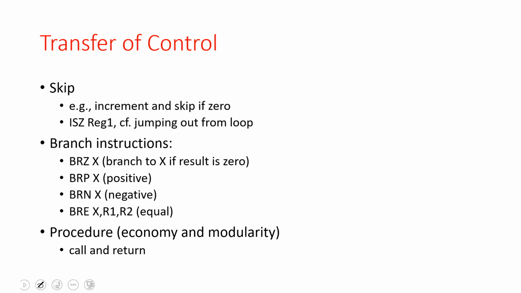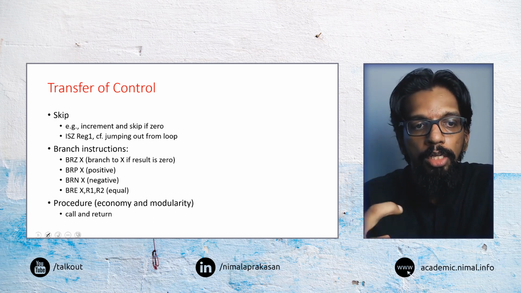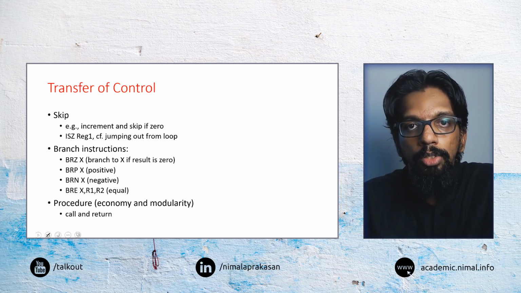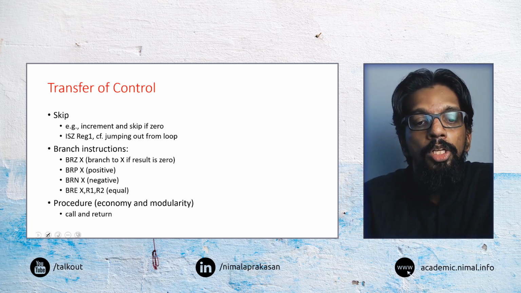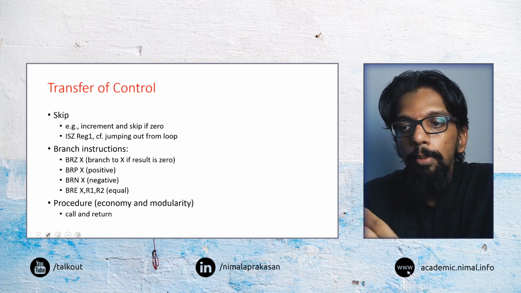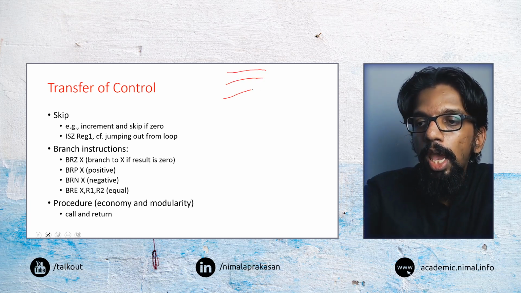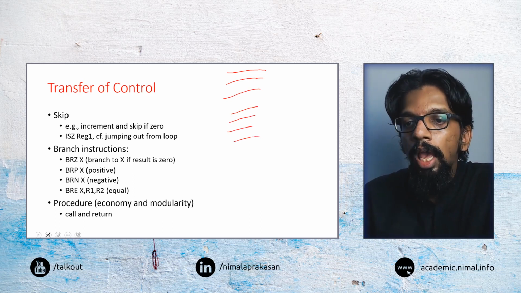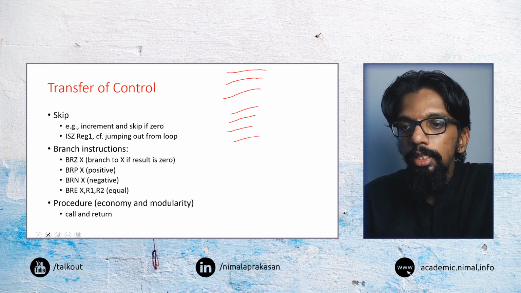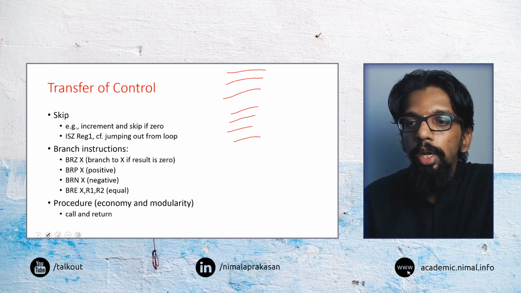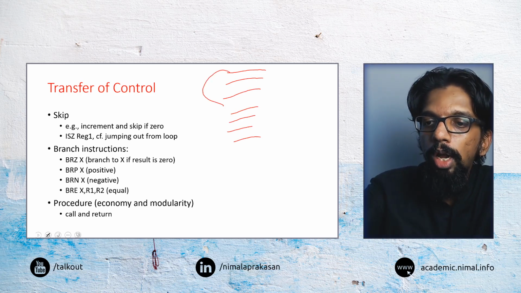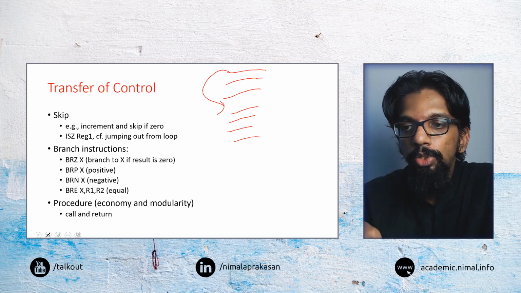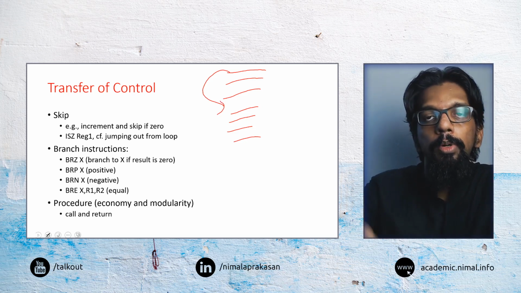Then we can also have what are called transfer operations or transfer of control instructions. These instructions are about, say, if we have a program that is running a set of instructions, and we may want to transfer from one point of the program to another. So we may want to jump or skip.